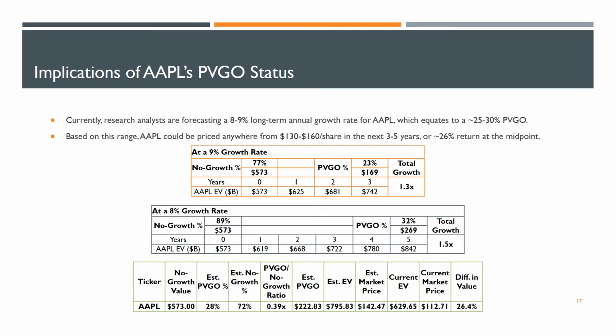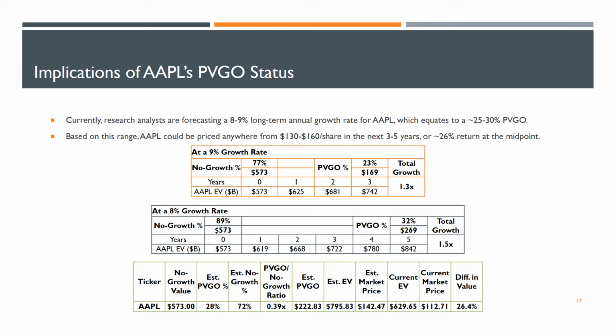So let's say you believe in equity research analysts' forecast. They're forecasting 8 to 9% annual growth for Apple over the long term, which equates to approximately 25-30% PVGO.